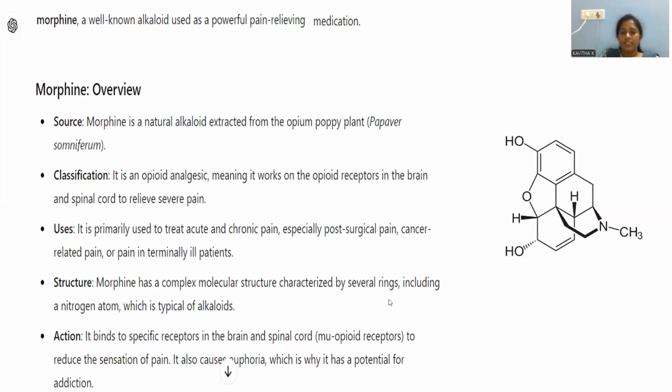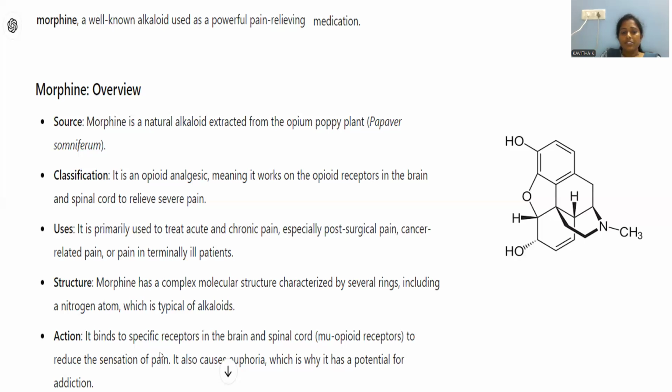Several ring systems are located, including nitrogen. Nitrogen is essential for alkaloids, so nitrogen is essentially present in this alkaloid compound. It is typical of alkaloids that the essential nitrogen is located in this polycyclic aromatic system. So this is about the structural representation of morphine.